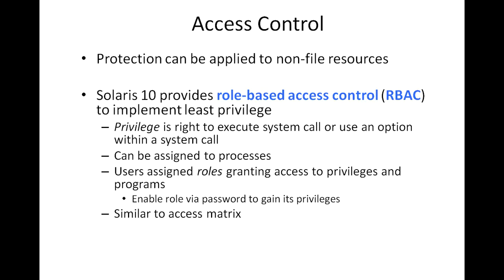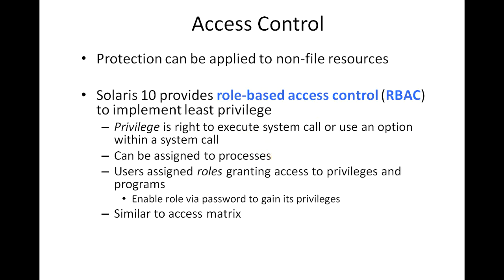Role-based access control is basically used to implement least privilege. Let us understand what a privilege is. A privilege is a right to execute a system call or use an option within a system call, and it can be assigned to processes.